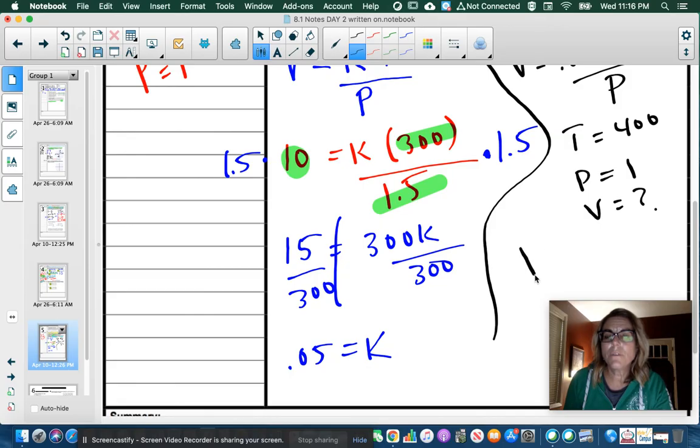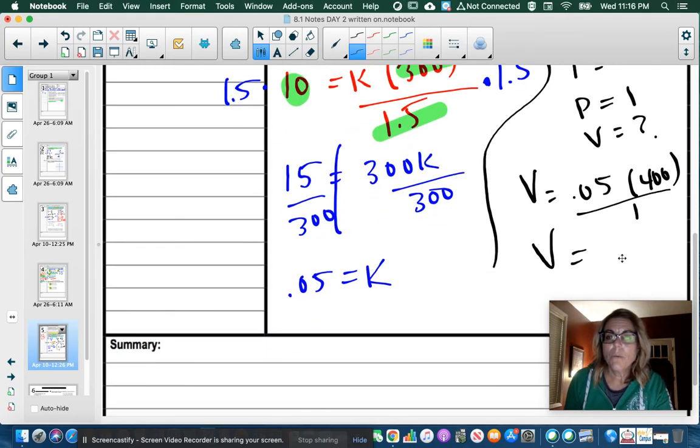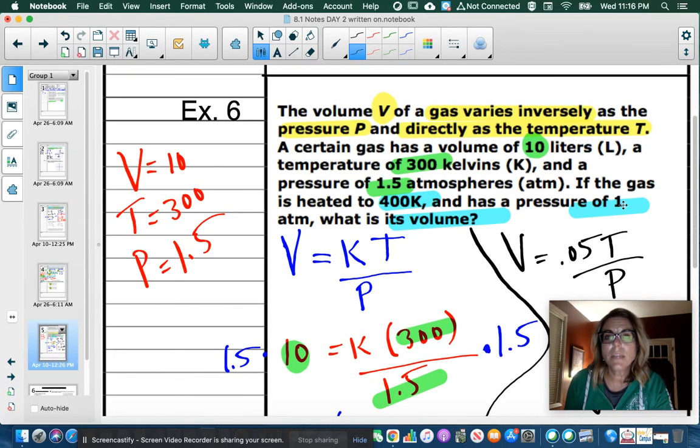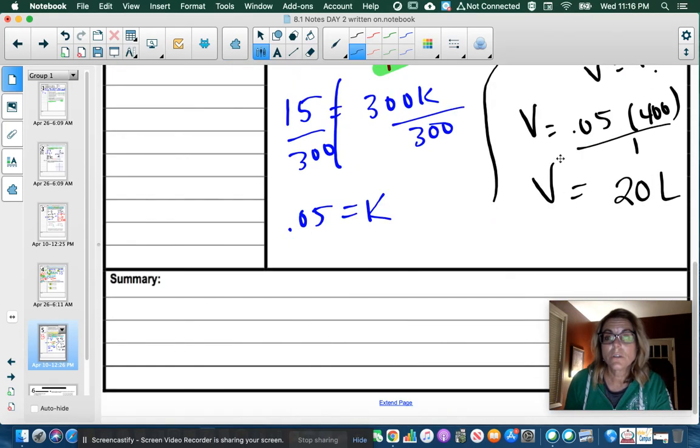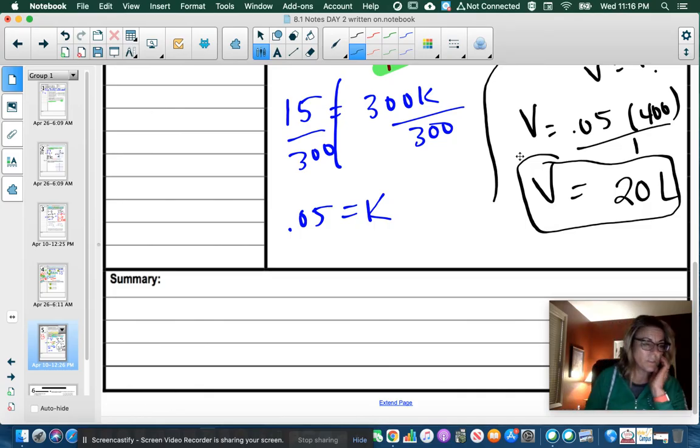V equals 0.05 times T divided by P. Well, 0.05 times 400 is 20. And in this case, our units are liters. And there is our answer to our question. We just used combined variation.